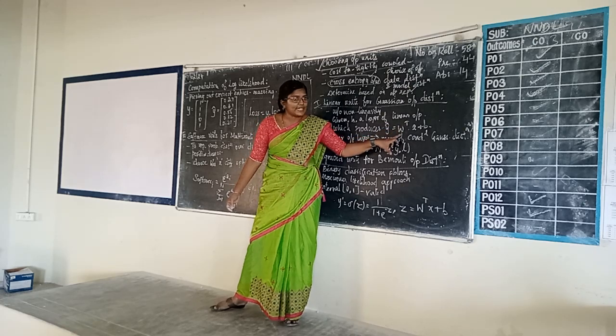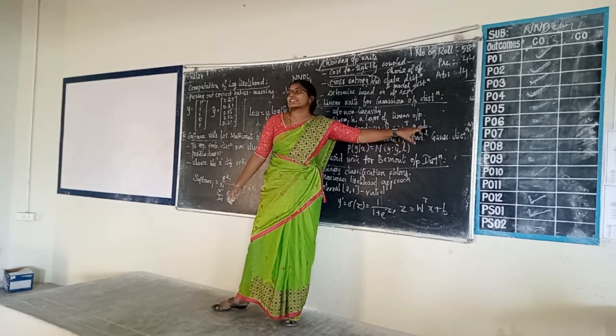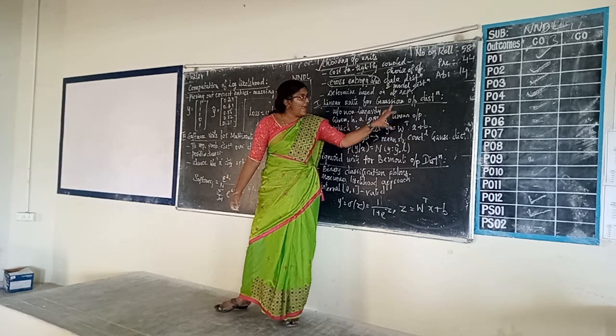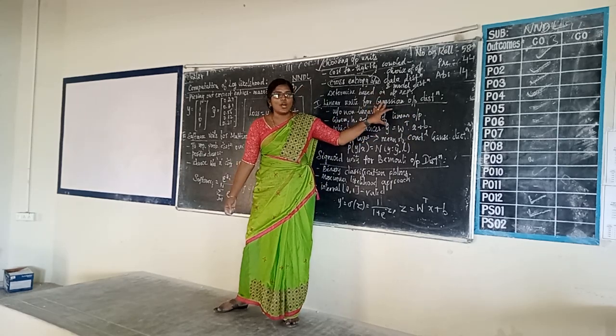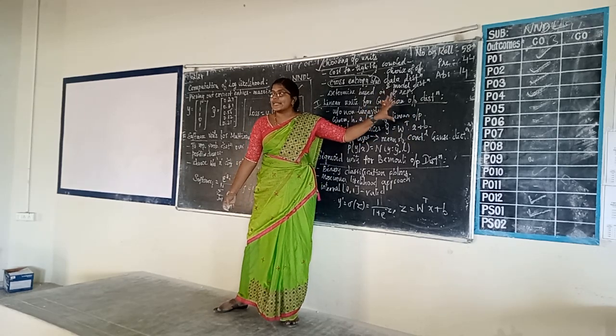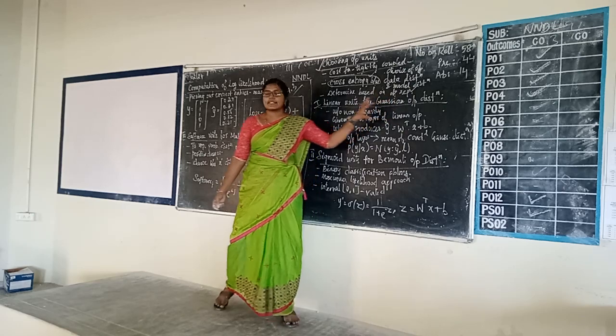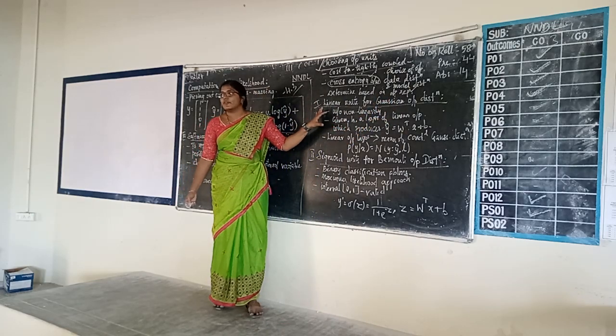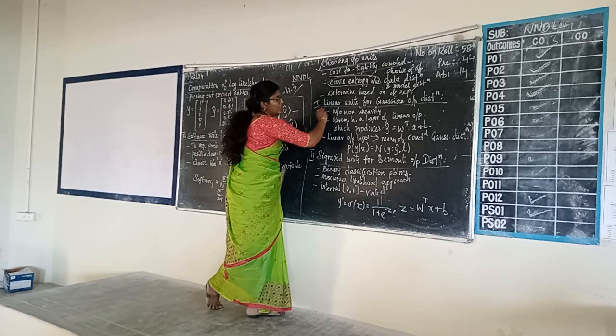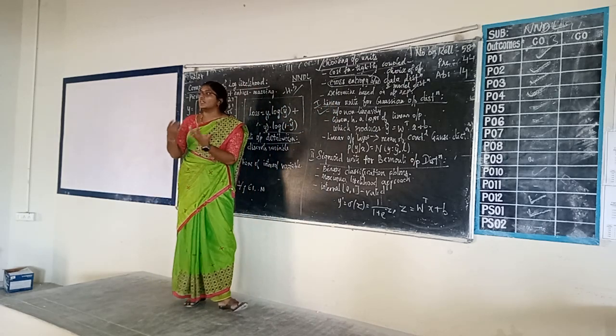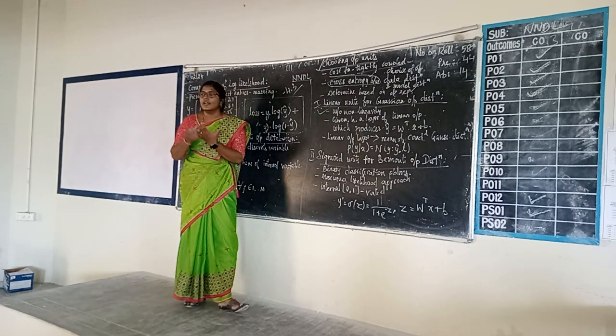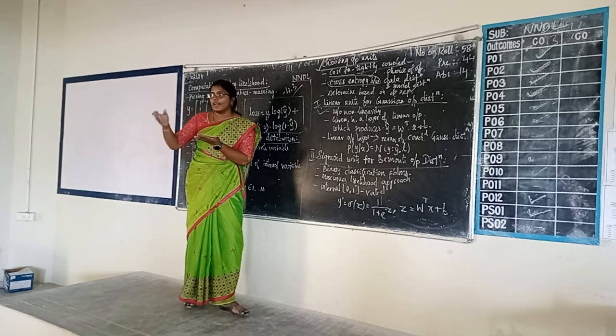Weight into X input plus bias value. So if you have a Gaussian output distribution, the best output unit is the linear unit. Here we don't have the concept of non-linearity. You know the difference between linearity and non-linearity, right?